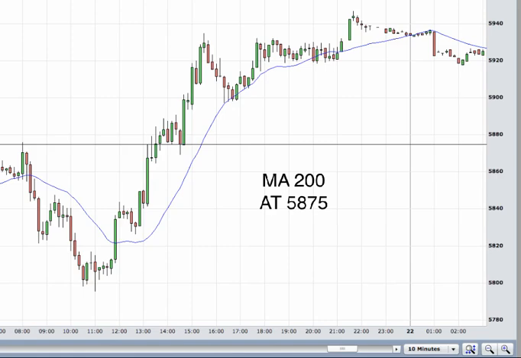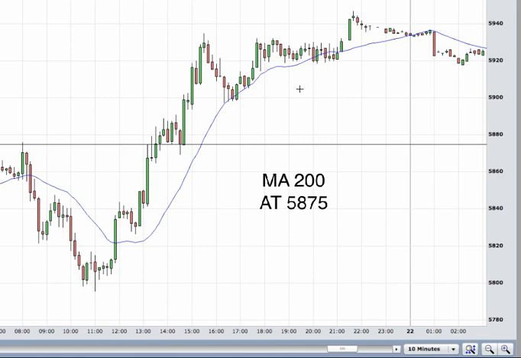The reason I say that is because spread betting company charts are 24-hour, and the levels can be distorted quite a bit. So for example, in this case we're using the MA200 last week on the 21st of July, just a few trading days ago. This was resting at 5875, but on the spread betting company charts it was actually above 5900, so quite a bit of a difference there.